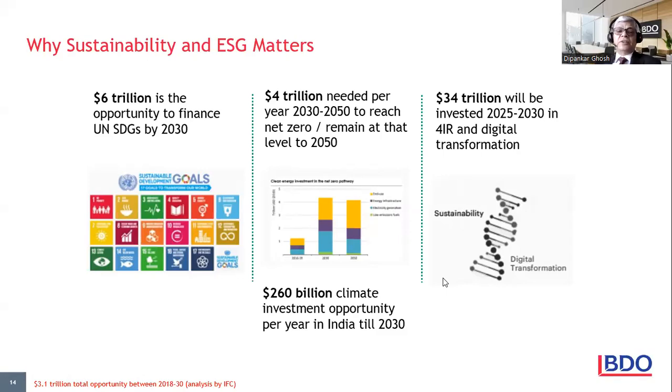And by 2030, across the 17 indicators of the UN SDG, the nations across the world are expected to achieve the targets that have been taken up through the UN Sustainable Development Goals.